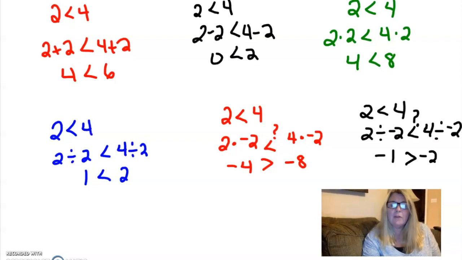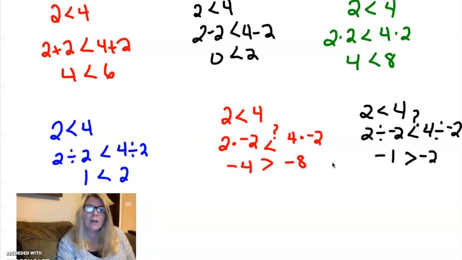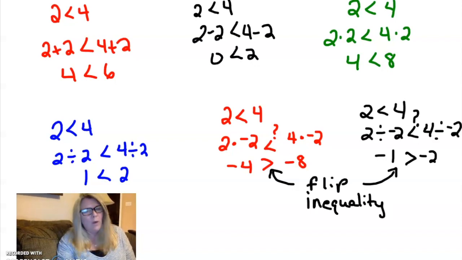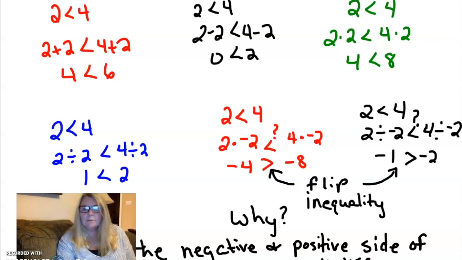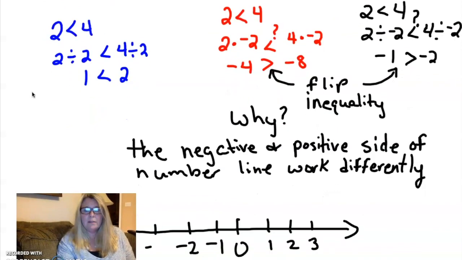So here's what we're having to do. Everything remained true until I multiplied or divided by a negative number. When that happened, I needed to flip the inequality. Now, why do you have to flip the inequality? Well, here's the reason why. The negative and the positive sides of a number line work differently.